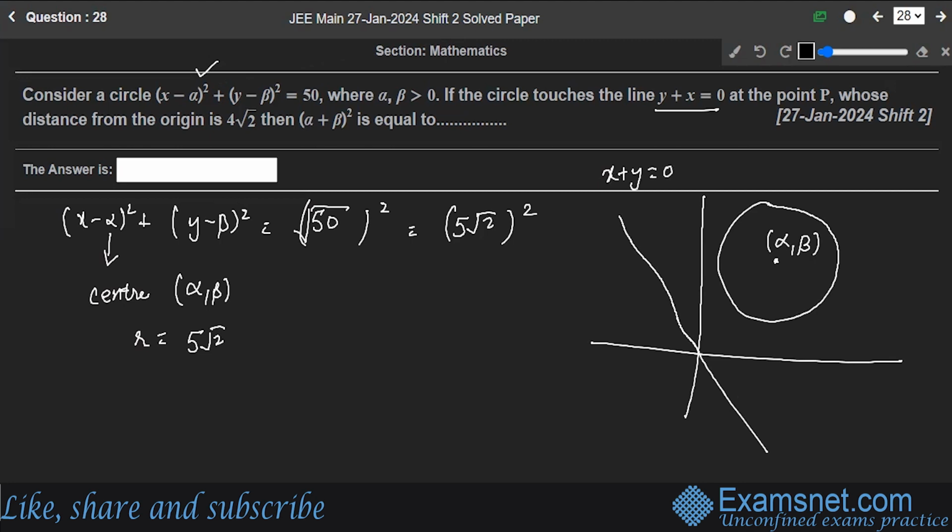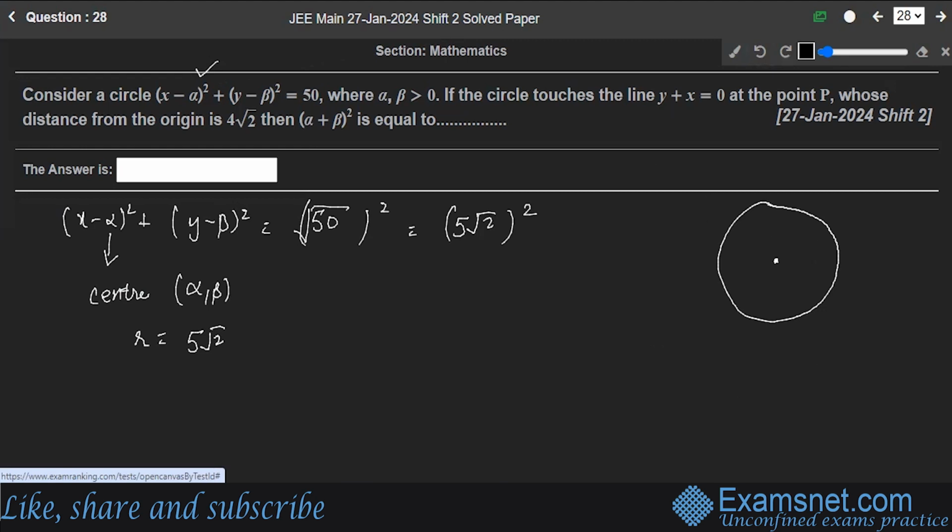Okay, so it touches this line. I have to remake this one. This is this. Now it touches this line at the point P. I'll draw the axes later.